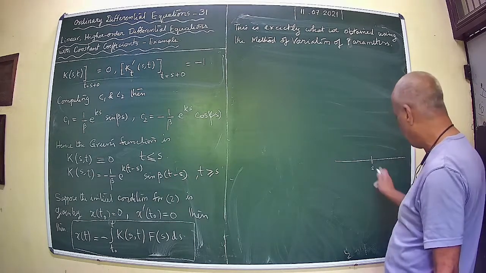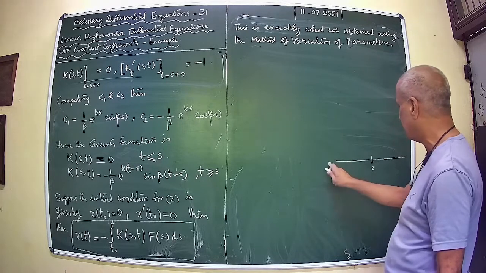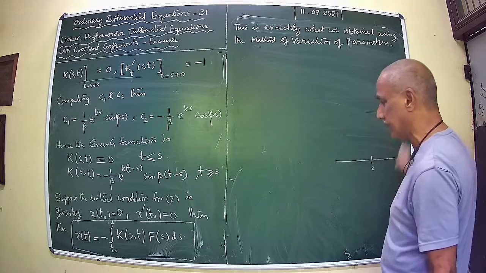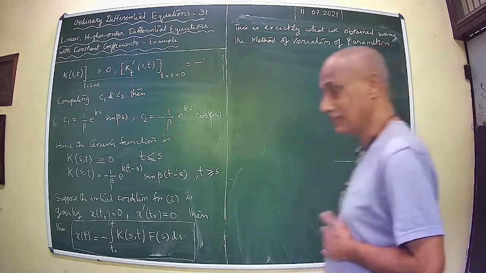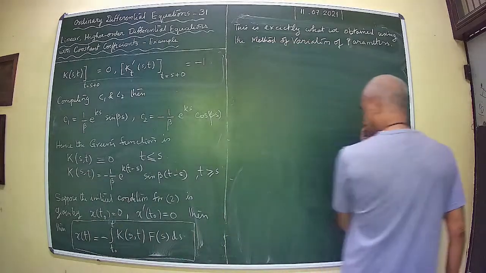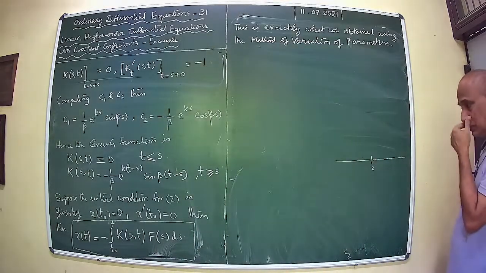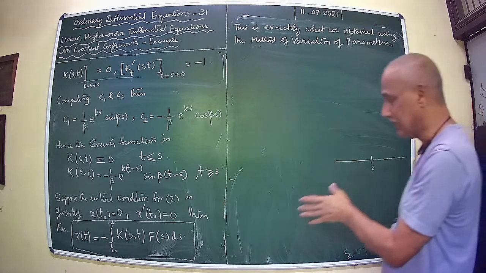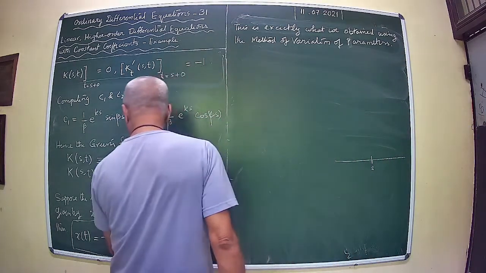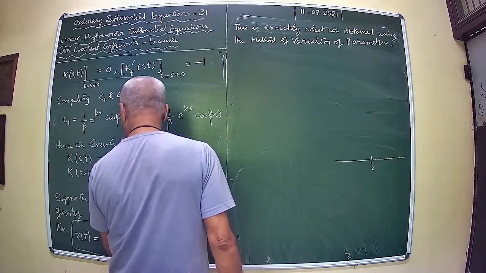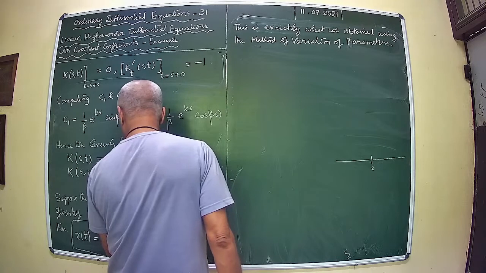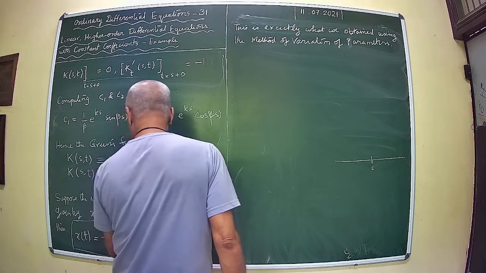Now suppose you consider the external force as a disturbance at various times. Then this is actually the response of the system at time t for a unit force acting at s.